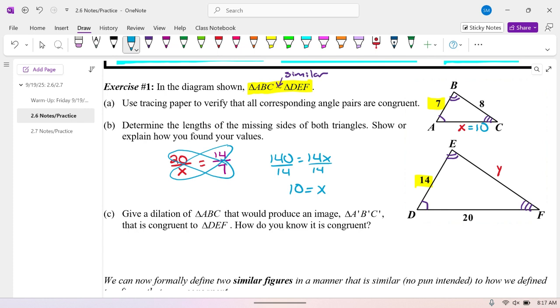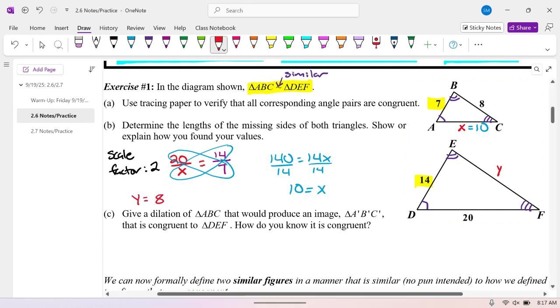But let's say, what would be the scale factor for this? So if I ask for the scale factor, what do you think it would be? 2. So if you divide 14 by 7, you should get 2. So to find y, how would I find it? You just do 8 times 2, so that would be 16. So your y should equal 16.